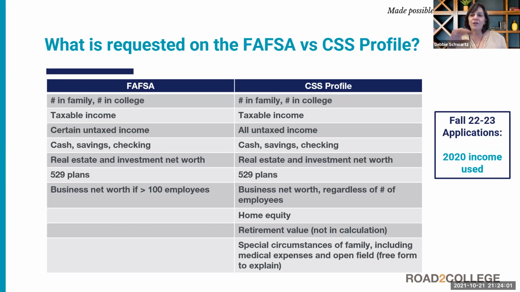So all of the multiple 529s, even if in your head they're for individual children, need to be reported under the parent asset. That's correct, because it is money that you've saved over time. It's an asset under the parents, regardless of who it's for.